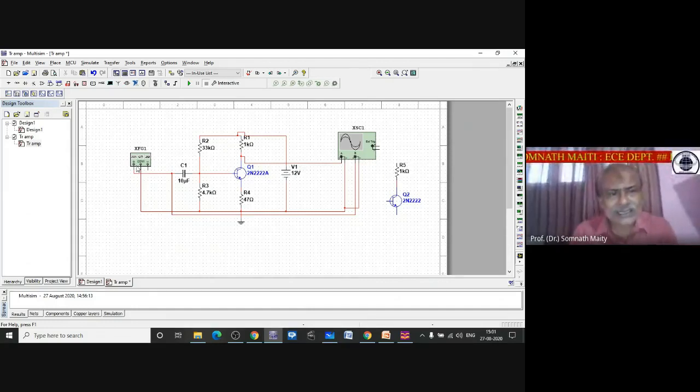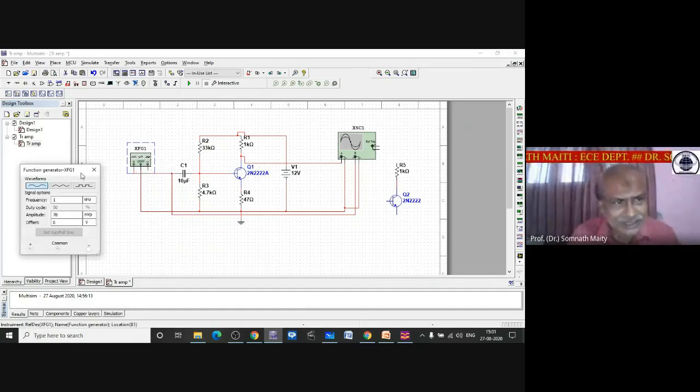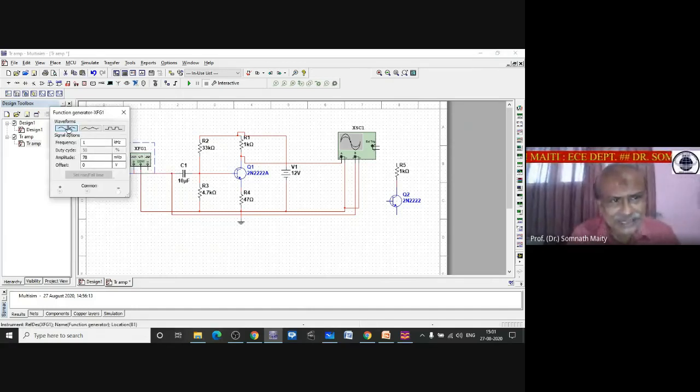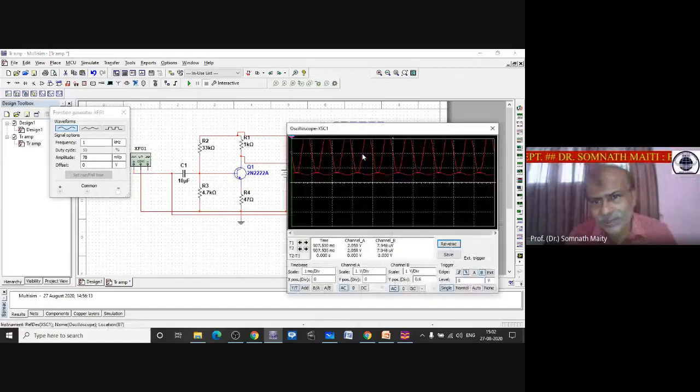See here, I am giving a sine wave. Can you see it? This is a function generator. It is generating a 1 kilohertz sine wave, with amplitude 78 millivolt peak. And this is an oscilloscope. It has two channels.